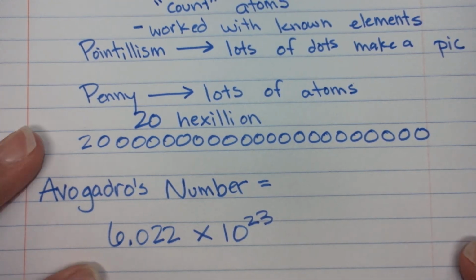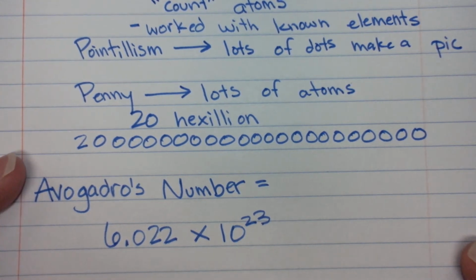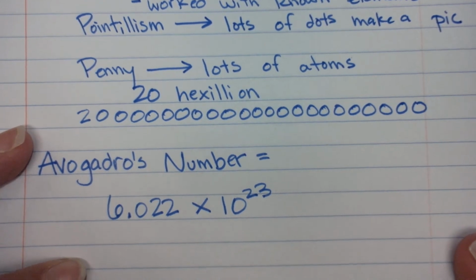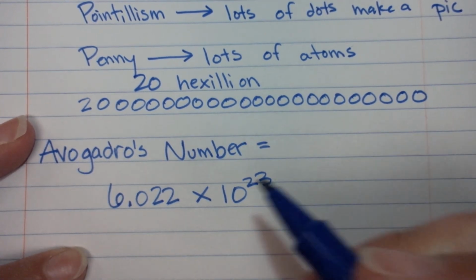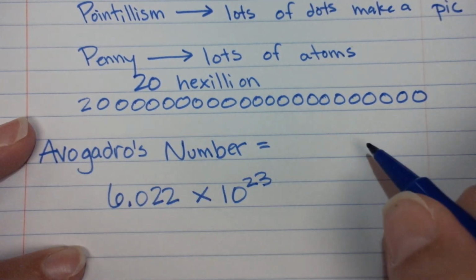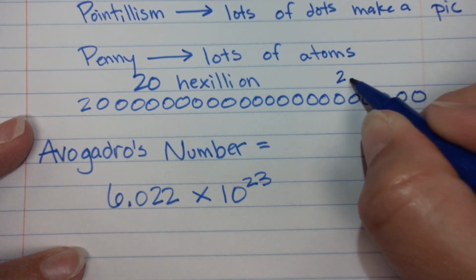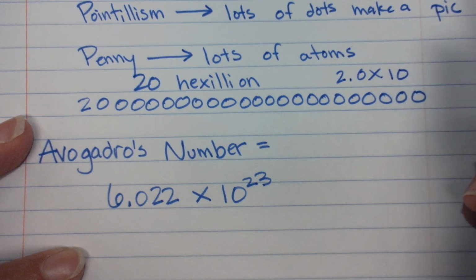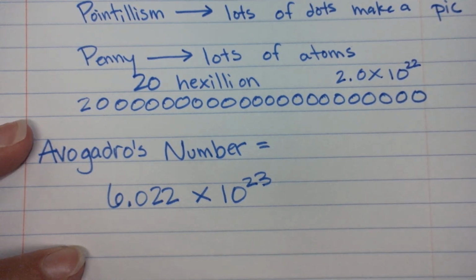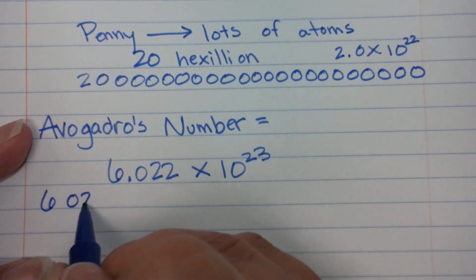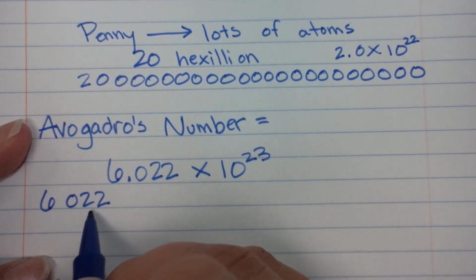So how many of you remember scientific notation? Okay, well, let's kind of go through that. Just like we had this 20 hexillion, if you remember from the reading, it was 2.0 times 10 to the 22nd in the text. So Avogadro's number is 6022, and we got 1, 2, 3.